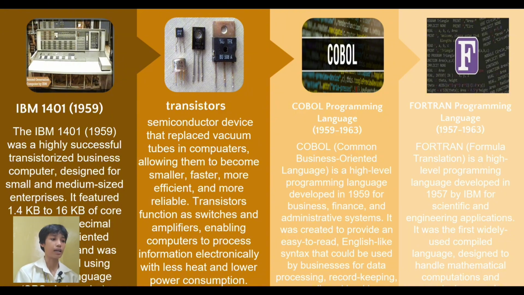It is also a high-level programming language developed in 1957 by IBM for scientific and engineering application. It was the first widely used compiled language designed to handle mathematical computation and numerical processing efficiently.